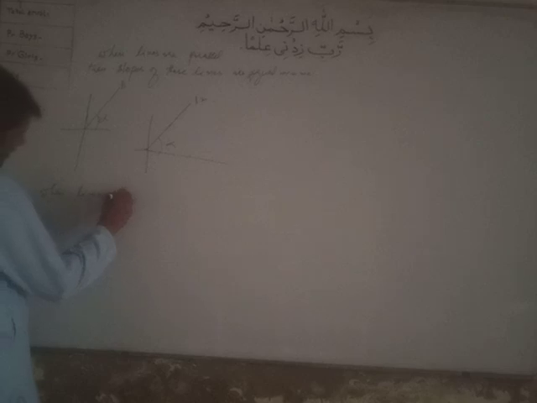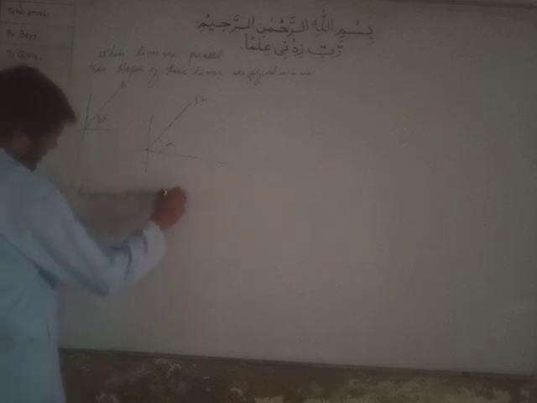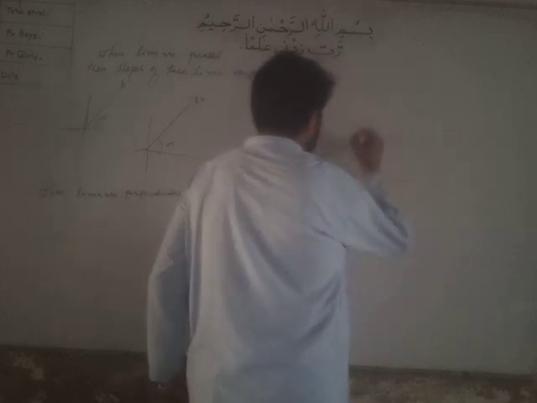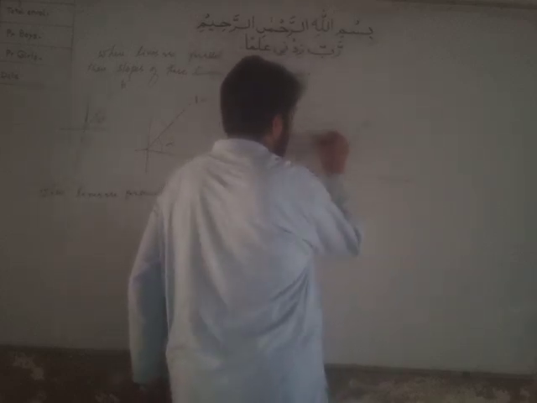Now when lines are perpendicular, you can see line 1 and line 2.